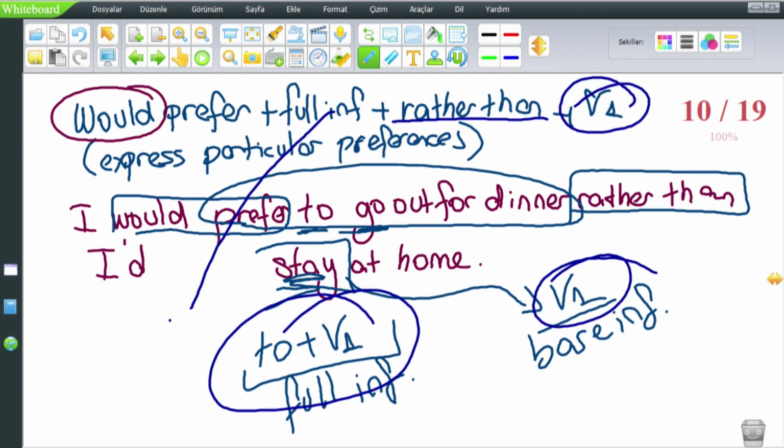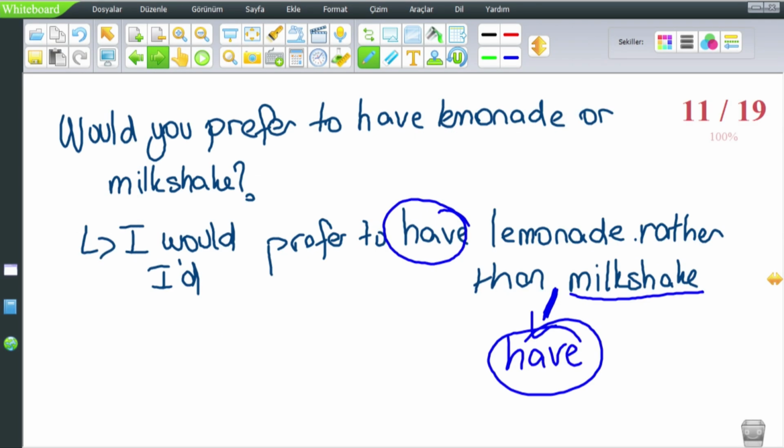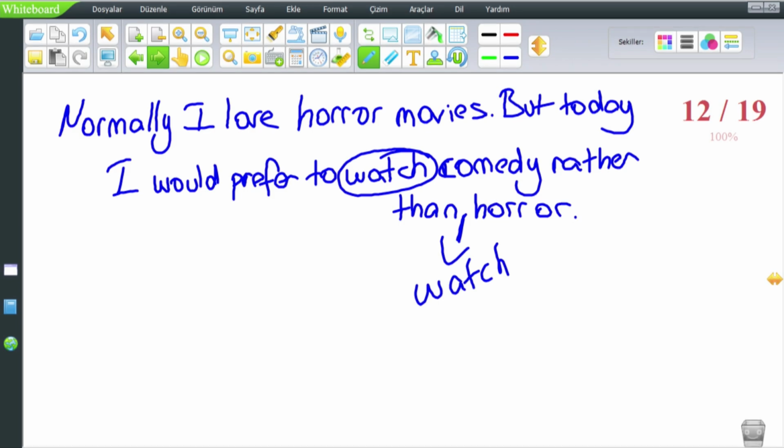But in this particular case, I chose to go out for dinner and I didn't choose to stay at home. Would you prefer to have lemonade or milkshake? Again, you're at a restaurant and the waiter asks you for now if you want a lemonade or milkshake and you choose one of them. The action is the same. That's why you can omit the action before the second choice.